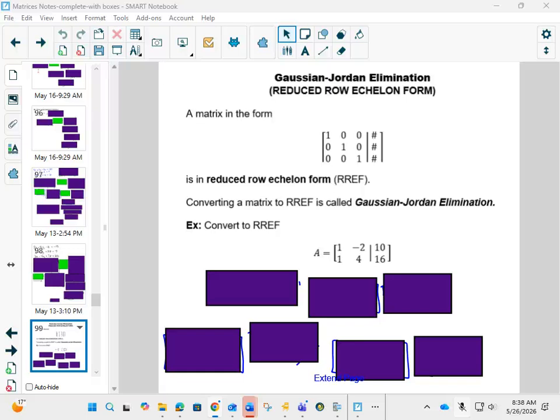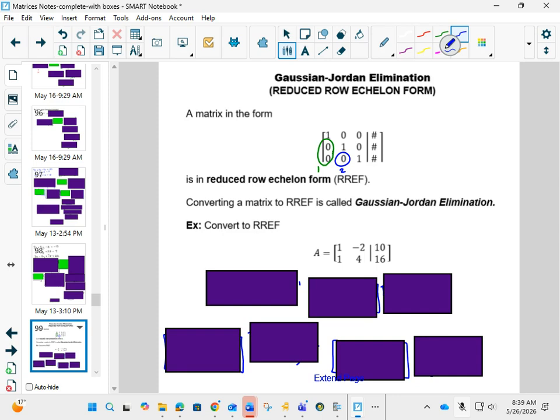So what we need to do is we need to make zeros in the corners and ones in the diagonal. And there's going to be sort of an order that you do this. You're going to do Gaussian elimination first, which got us the zeros in the bottom corner. And I don't know if you remember that we got those two green zeros first. Then we got that 0 second.